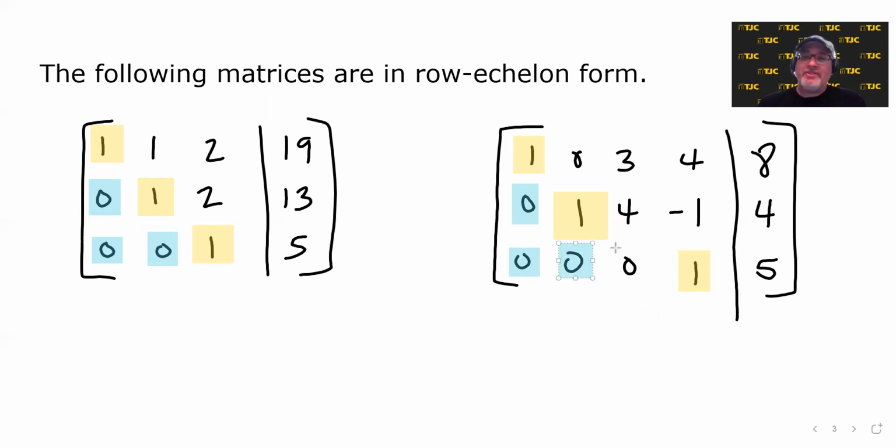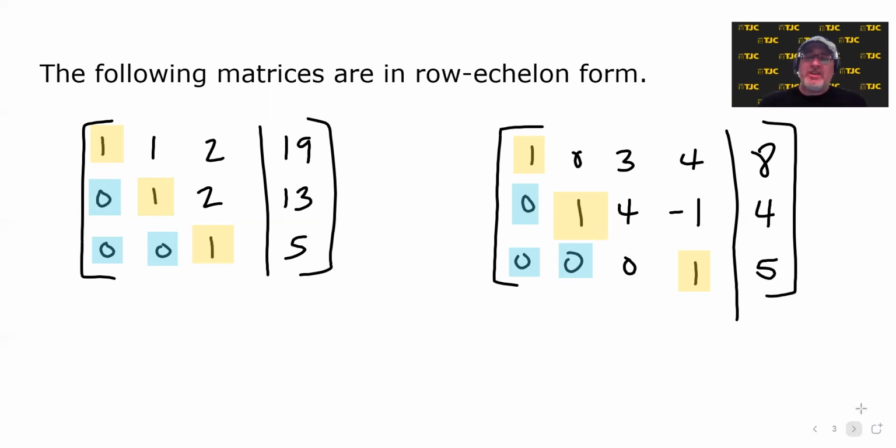Now, if you're wondering why this is a 0, well, it just is. I know it's below the 4, but to be in row echelon form, every entry below a pivot must be 0. All right, so those are examples of matrices that are in row echelon form.